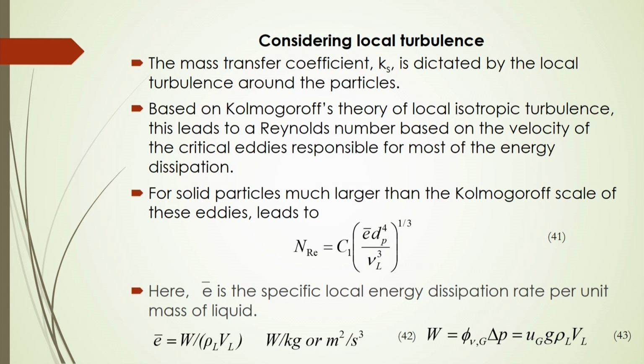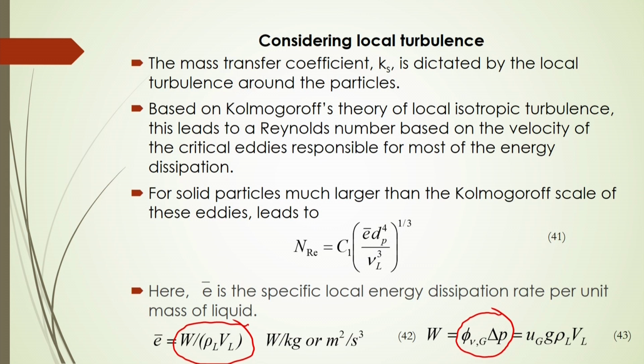Now, this turbulence can be considered by Kolmogorov's theory for the local turbulence. If you consider Kolmogorov's theory of local isotropic turbulence, it can be represented by W by rho L V L, where W is equal to phi V is into delta P, that is, the pressure drop inside the bed.